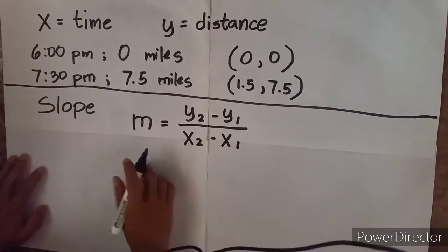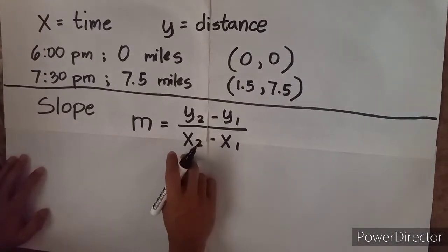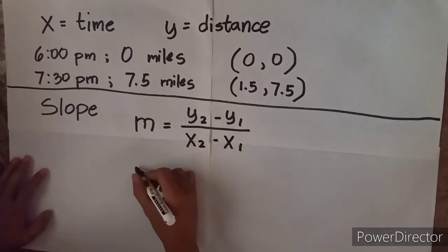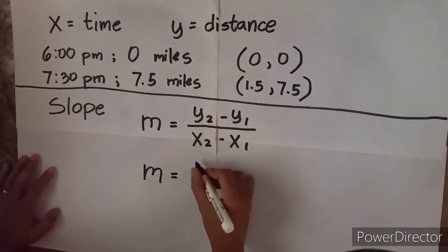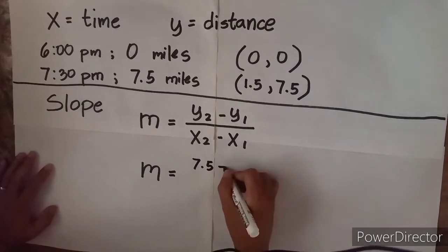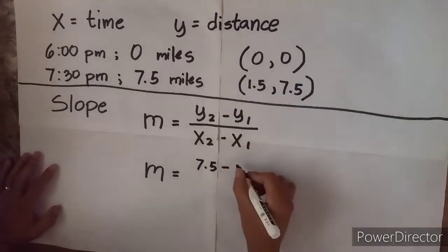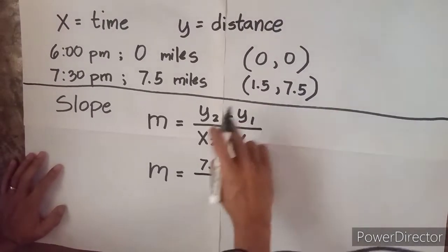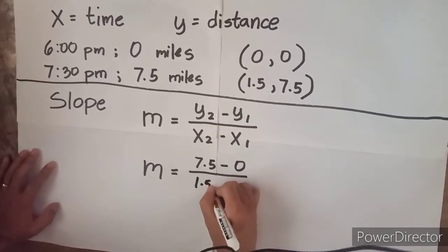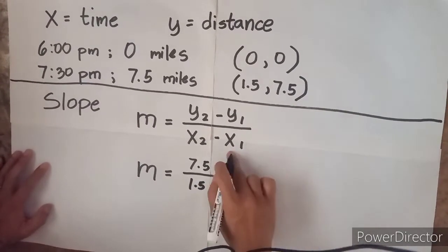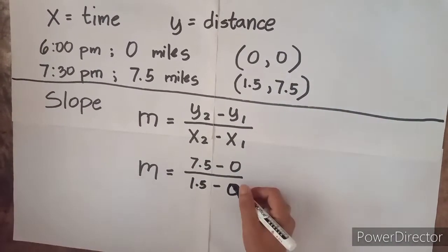Slope is equal to 7.5, which is y sub 2, minus y sub 1, which is 0, over x sub 2, which is 1.5, minus x sub 1, which is 0.